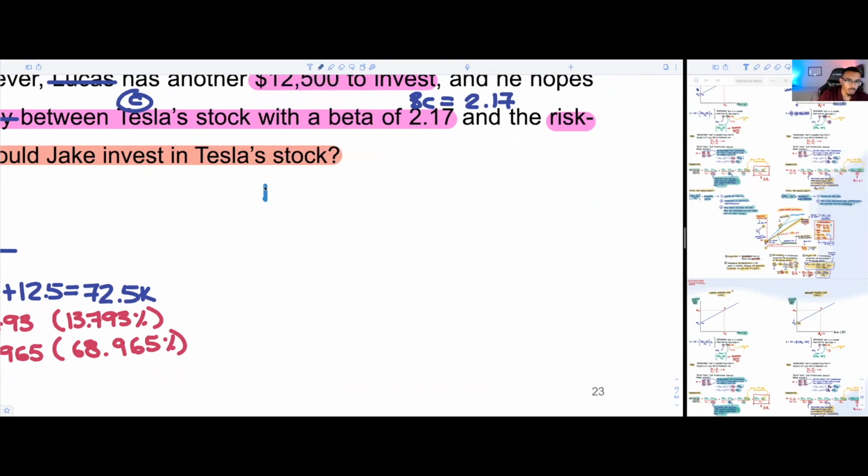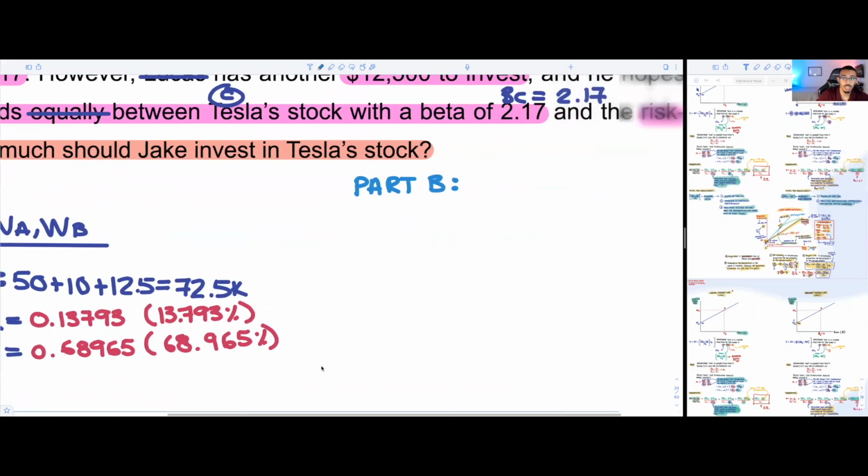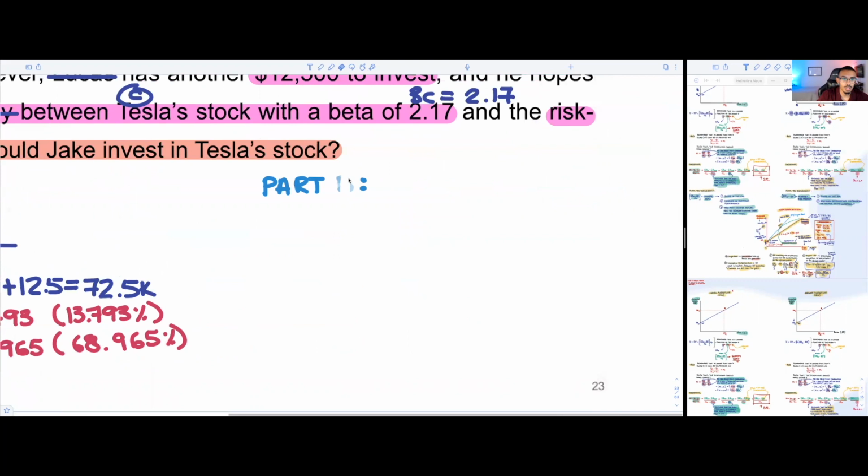So we're going to have part B. I don't know if I wrote part A for the other one, but we'll see. Part 1, and I went to part B. I am on literal crack. I'm not, but it's just a way of speaking to say that I'm tired. So part 2 is solving for the weight for Tesla. So I believe solve for weight of C.